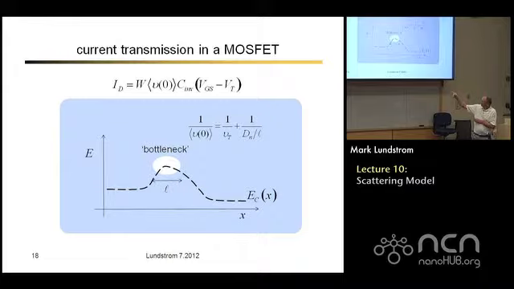It says that carriers, in order to get across that low field region where there's a small electric field, diffuse across that thin bottleneck region, but they can't diffuse faster than the thermal velocity. So when the region gets very short, then the 1 over Vt becomes important, and we're at the ballistic limit.